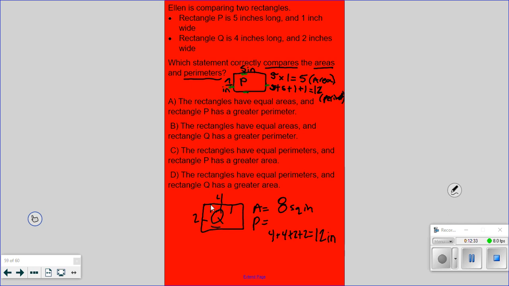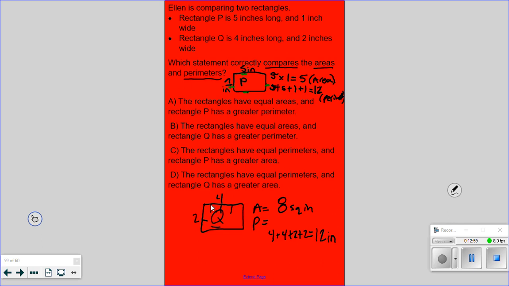Now that we've got our 2 rectangles and we know the area and perimeter, now we can start looking at our answer choices. Okay, hang on to that for right now. So our answer choices read, the rectangles have equal areas and rectangle P has a greater perimeter.